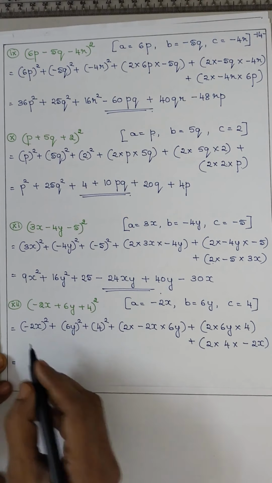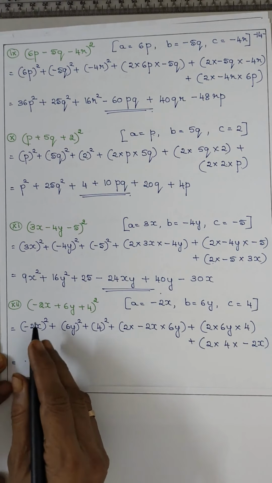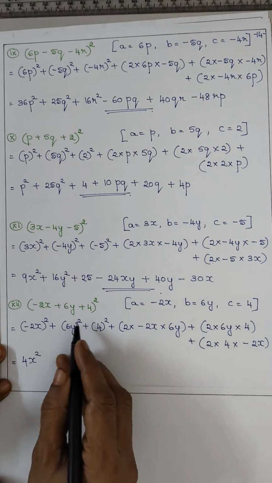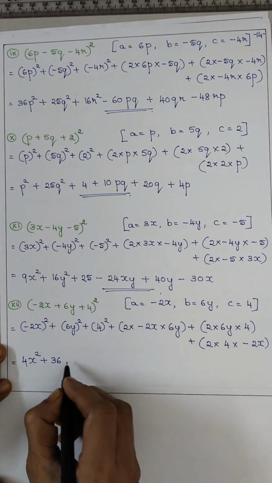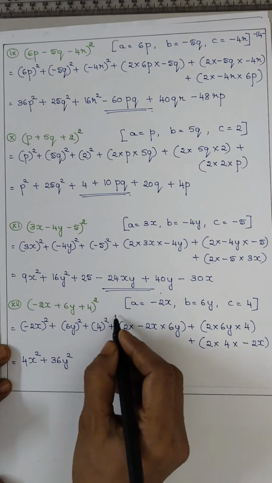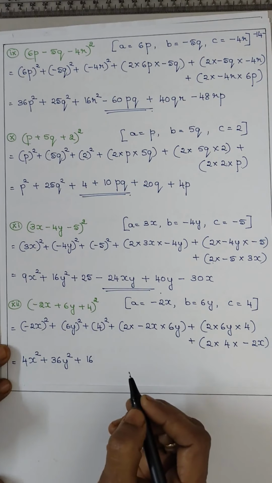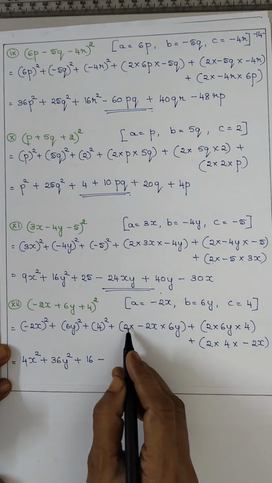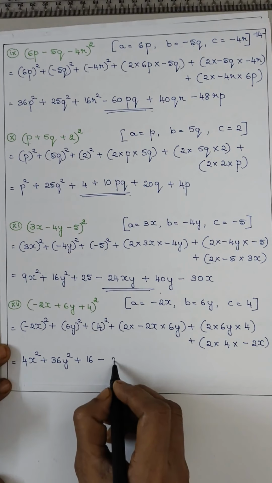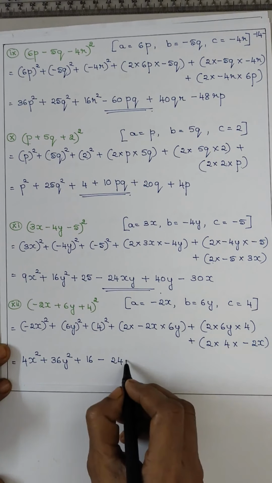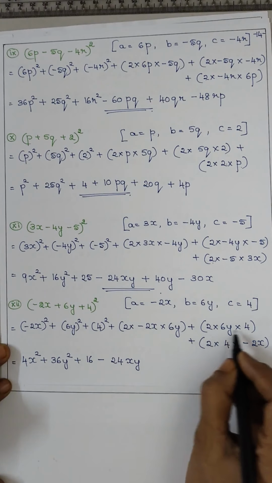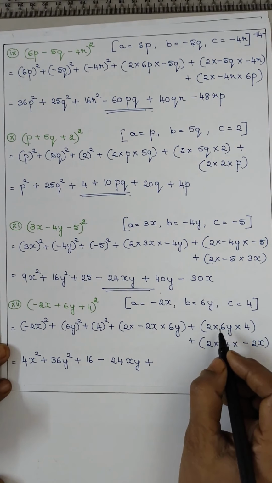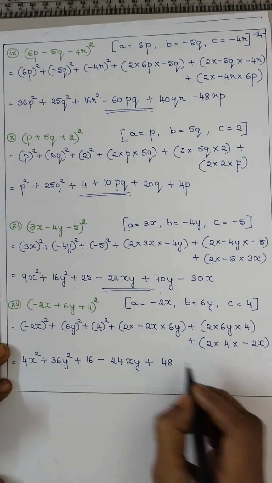Now, square of negative, positive, 2 square is 4, x square, 6 square is 36, y square, 4 square is 16. Now within the bracket 1 negative, so minus, 2 2s are 4, 4 6 are 24, xy. Now all are positive, plus 2 6 are 12, 12 4s are 48.